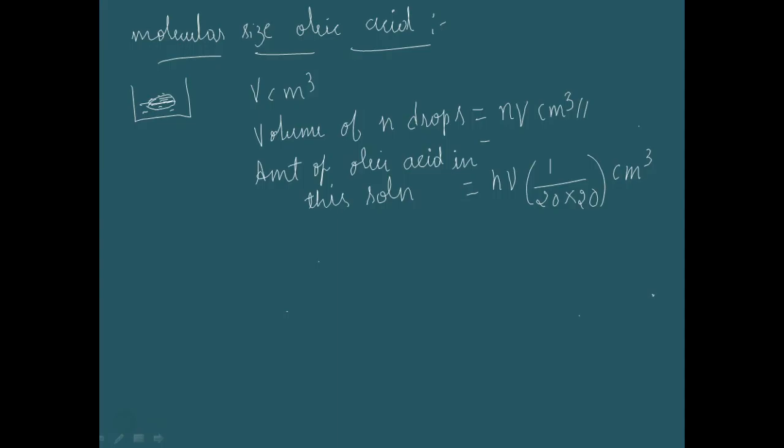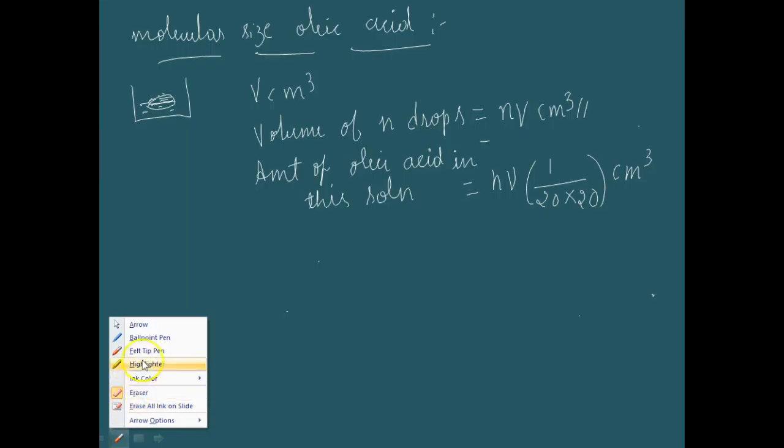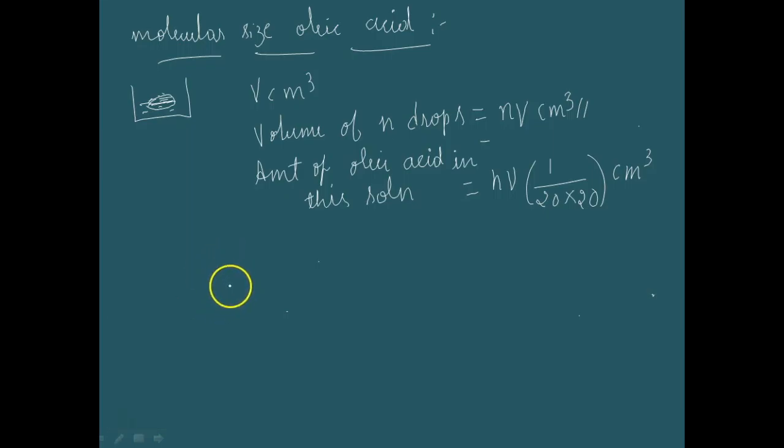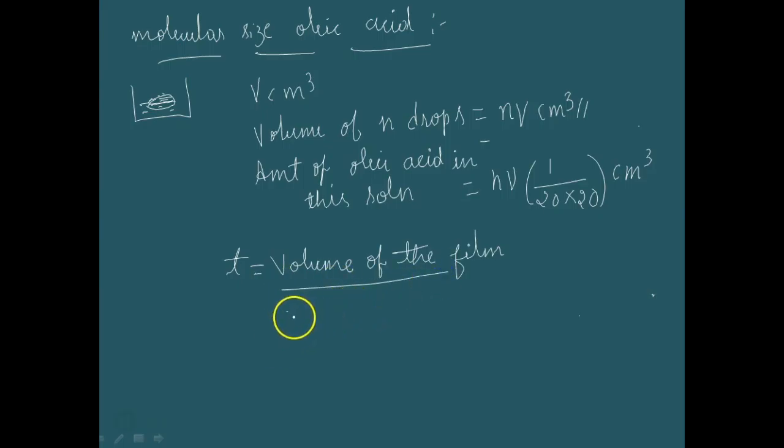If this spreads to form a film of area A centimeter square, then the thickness of the film is given by volume of the film by area of the film.